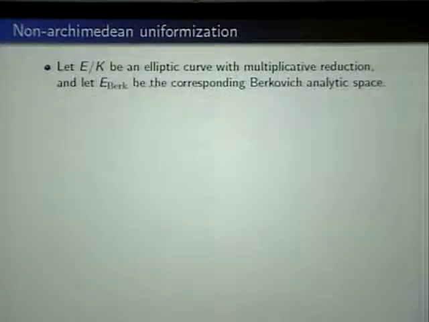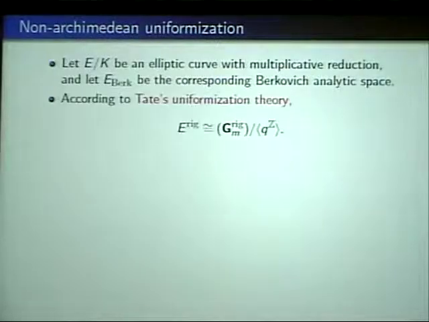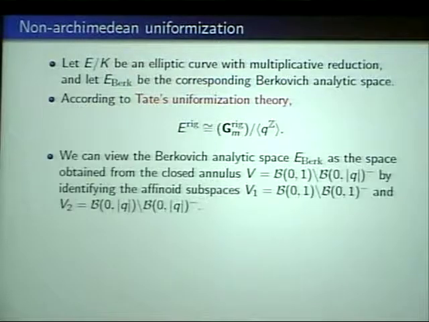And as I mentioned, this is connected with non-Archimedean uniformization. So if E is an elliptic curve with multiplicative reduction, then the rigid space associated to E is a quotient of the rigid space associated to the multiplicative group by some multiplicative lattice.